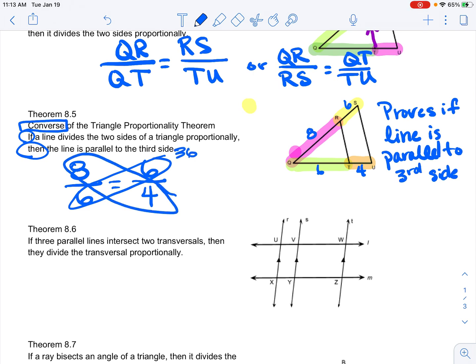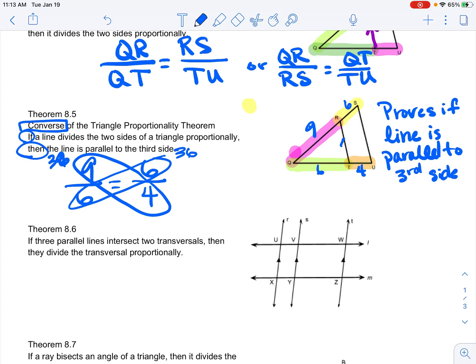So if this is 36 and this is 32, oh, it's not proportional. So what would the side length need to be? Well, this 8 would actually need to be a 9, and that would make it proportional, because that would make it 36.